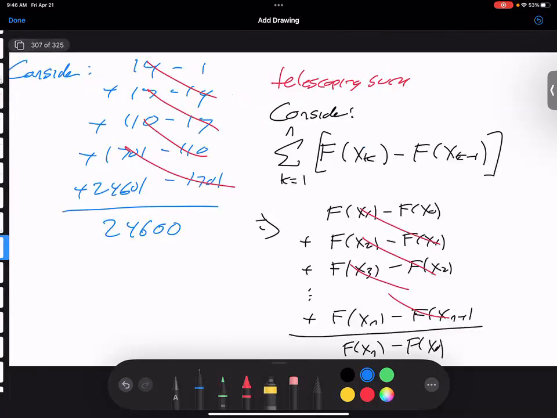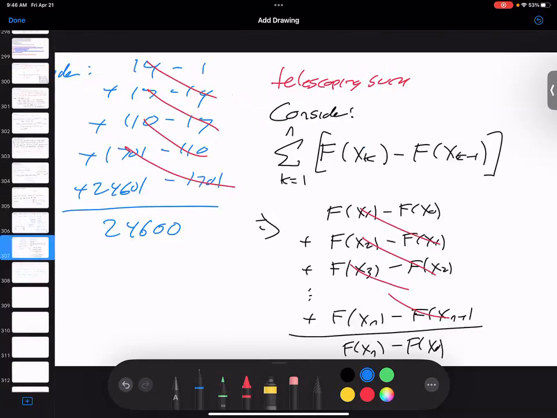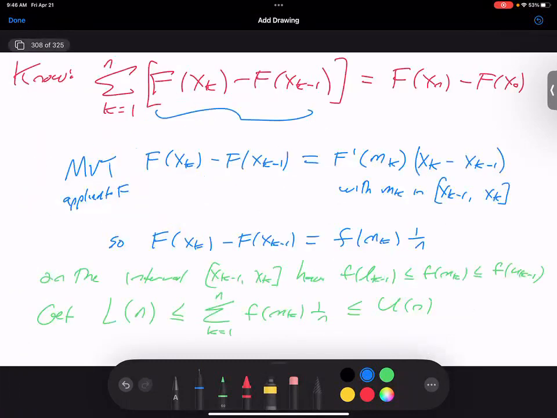So let's go back 2 pages. Here we have f(x_k) minus f(x_{k-1}), and by the mean value theorem, f(x_k) minus f(x_{k-1}) is just f prime of m_k, that's just f(m_k) times 1 over n.